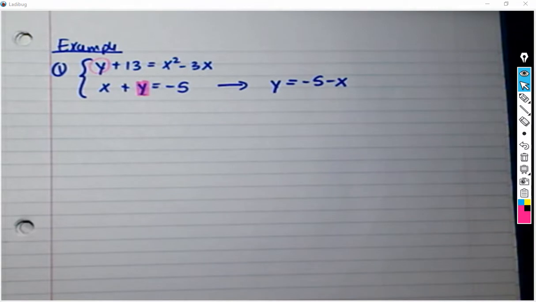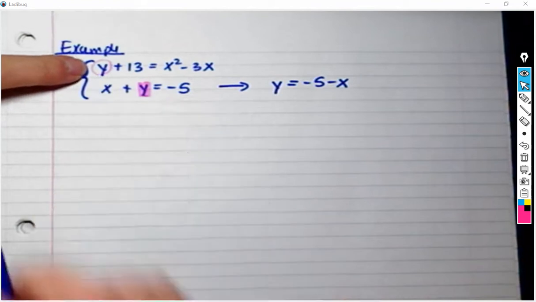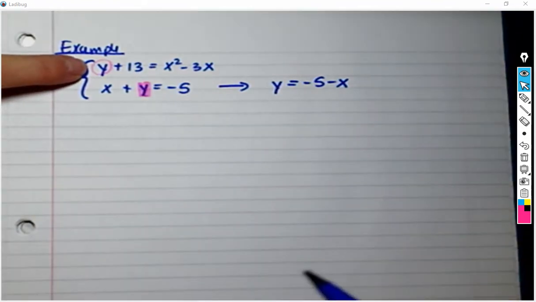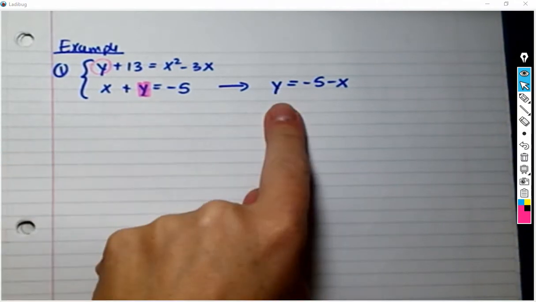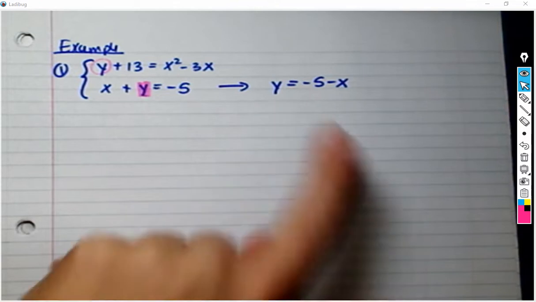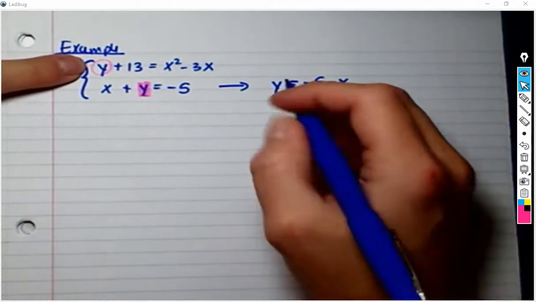My second step is going to be substituted into the other equation. That's why I have 2 highlighted, the square and the circle. I started here by isolating the one variable. I solved for it. Then I'm going to plug it into the other equation.